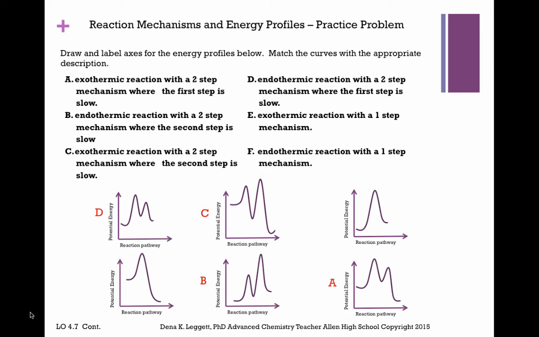Then D, endothermic reaction with a two-step mechanism where the first step is slow, is going to be the very first one. And then E, exothermic reaction with a one-step mechanism. Which of the ones that is left is exothermic? Top or bottom? Okay, bottom, and that leaves us with the poor endothermic reaction left. So this is looking at the reaction mechanism and the energy diagram.